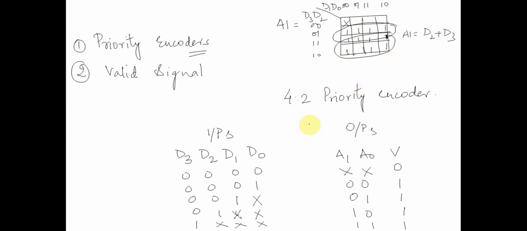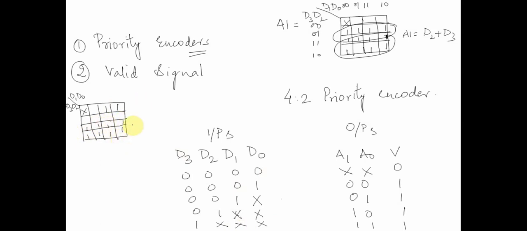Similarly, if I look at A0, A0 would be something like this. For 0 it's X, we don't care about this, and then it's 1 for the numbers 2 and 3, and then again it's 1 for any number greater than 8, 8 9 10 11 12 13 14 15.